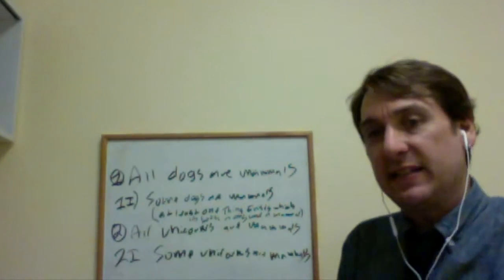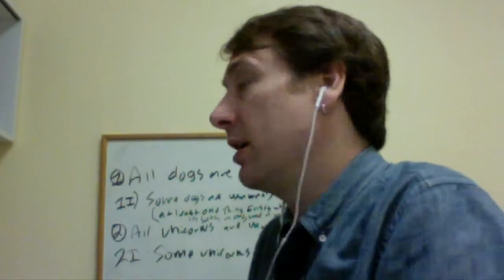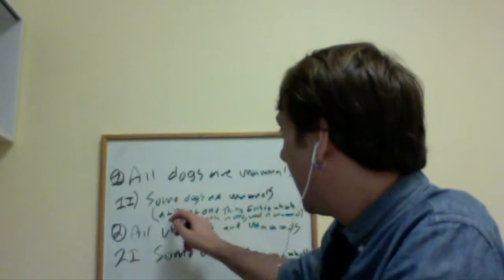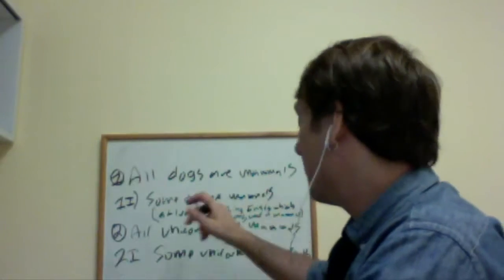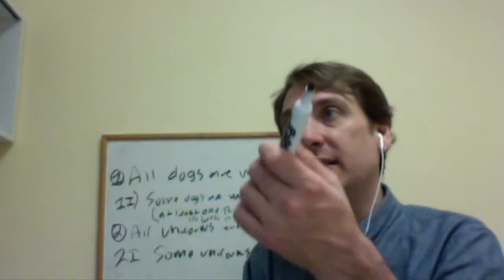So we read the sentence, some dogs are mammals, as logically meaning that there is at least one thing, there exists at least one thing, which is both a dog and a mammal. And so that's what the I sentence means according to our semantics here.